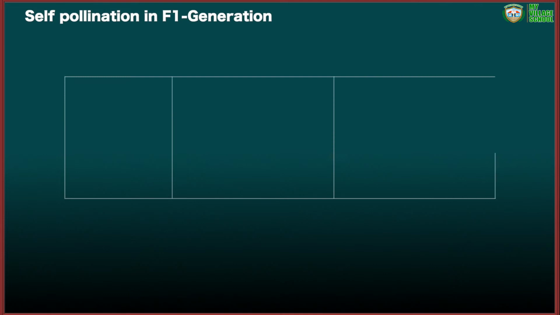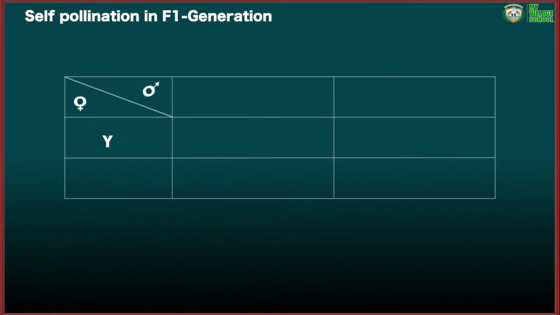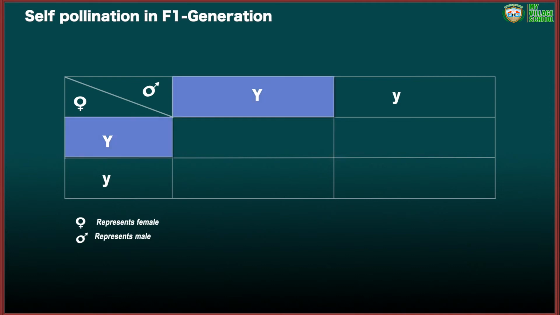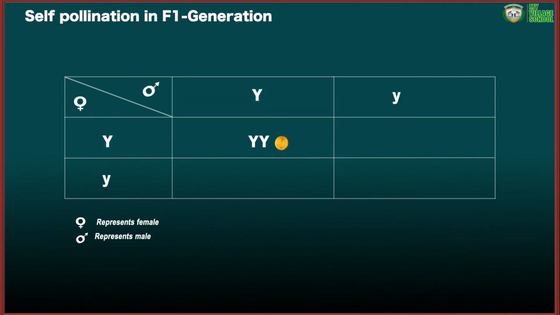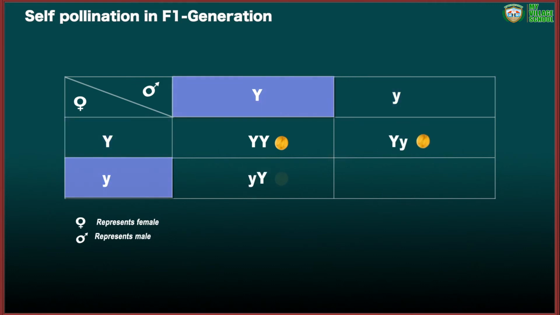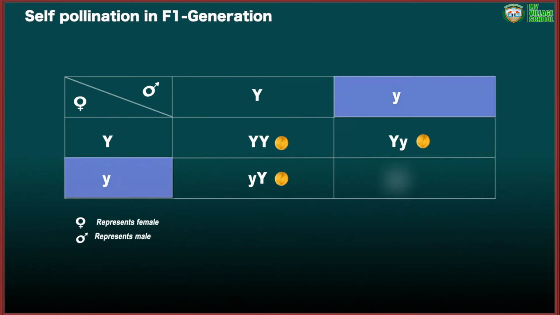Self-pollination in F1 generation. On self-pollinating these peas, each with capital Y small y factors, the new breed can have any combination of capital Y and small y. It can be capital Y capital Y, capital Y small y, small y capital Y, or small y small y.